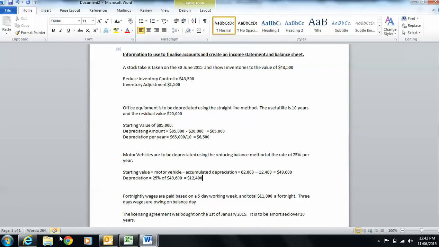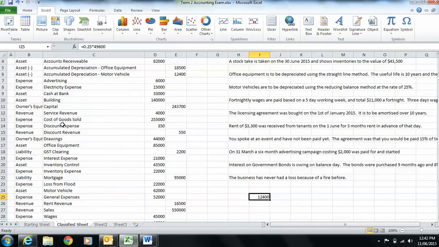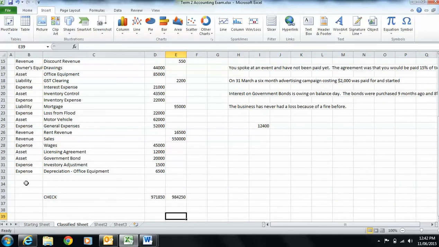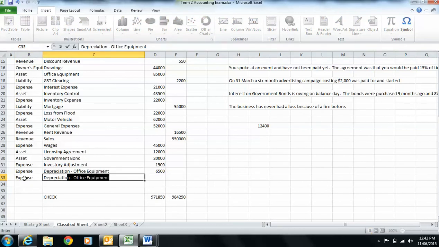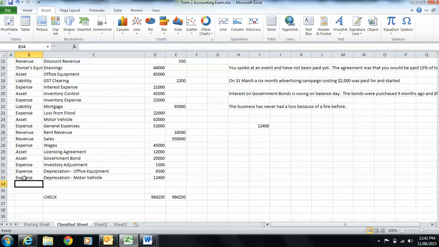We have to do the same thing we did last time with the previous calculation and say, okay, accumulated depreciation, which is $12,400, is going to go up to $24,800 because we've added another year's depreciation on, and we're going to have some depreciation as an expense. The motor vehicle, this is the expense for the year, and if my memory is right, $12,400.